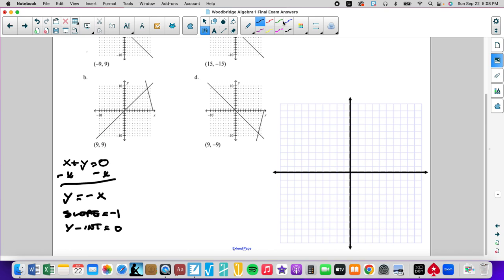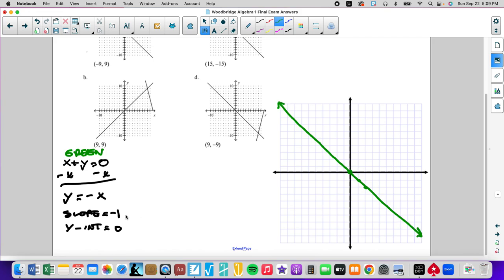So I'm going to take that equation and do this in green. So this will be my green line. Green looks like this. It is a y-intercept of 0 and a slope of -1, down 1, right 1, down 1, right 1. And my graph looks like that.